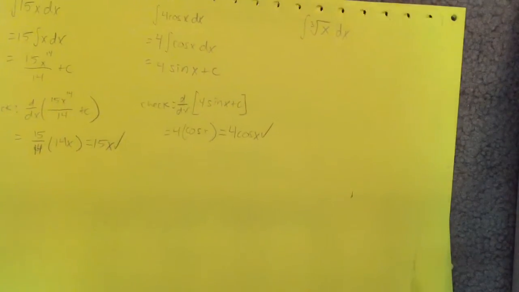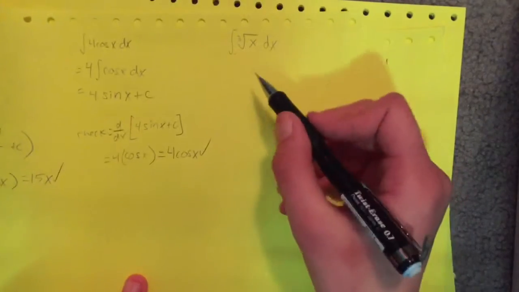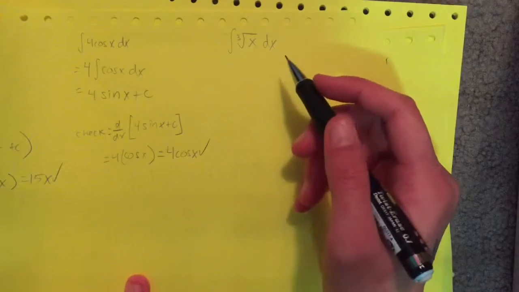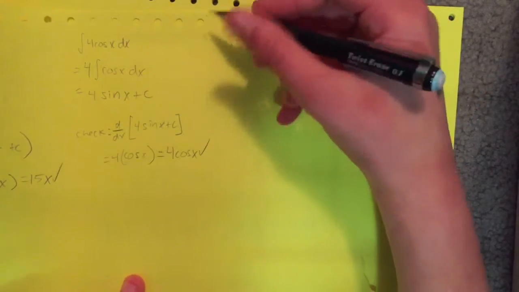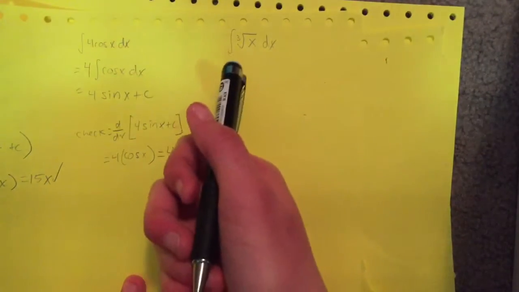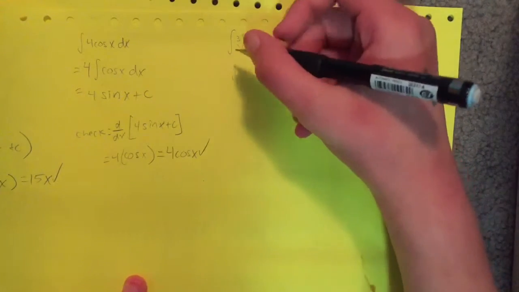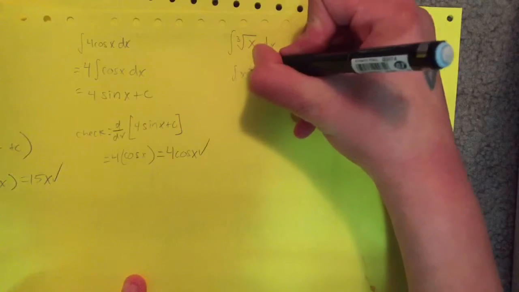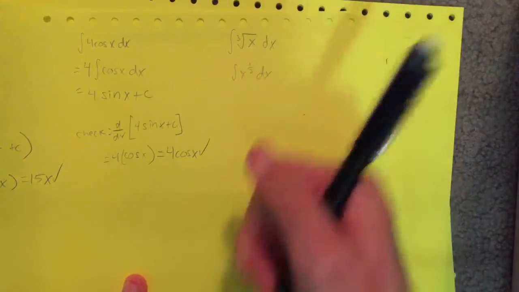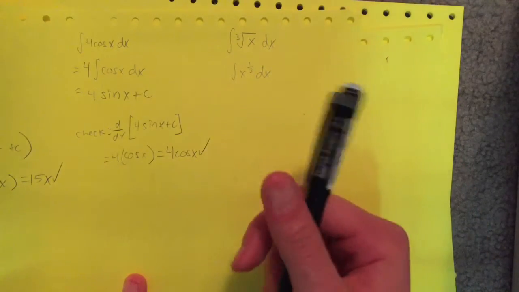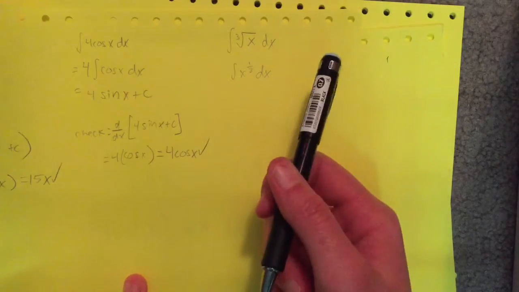And then over to our last one, we'll have the cube root of x dx. It would be easier to simplify this. So we can write the integral of x to the 1/3 dx, because it's just easier to do it that way with the fraction instead of the root sign.